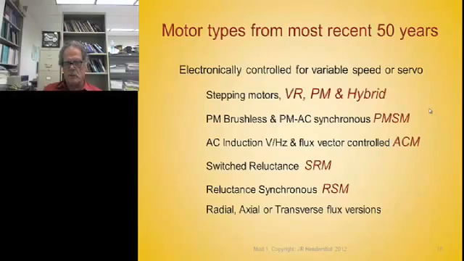The switched reluctance motor has salient poles in the stator and the rotor. The reluctance synchronous machine only has saliency in the rotor itself. You can configure all of these machines three different ways: radial, axial, or transverse flux. I think those definitions are almost self-explanatory, but we'll look at some in future slides.